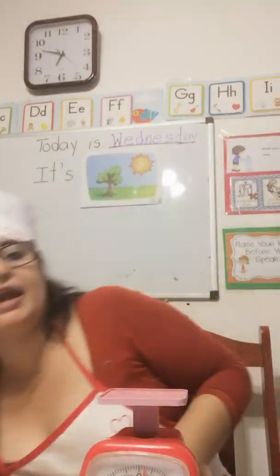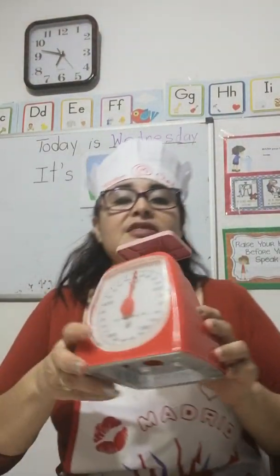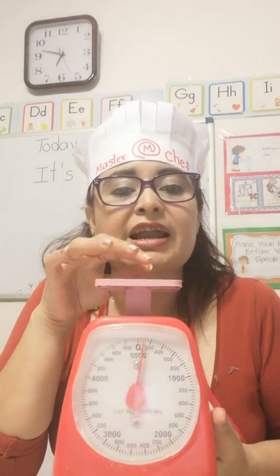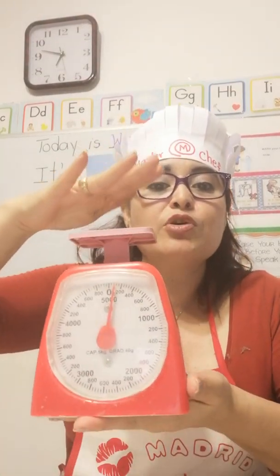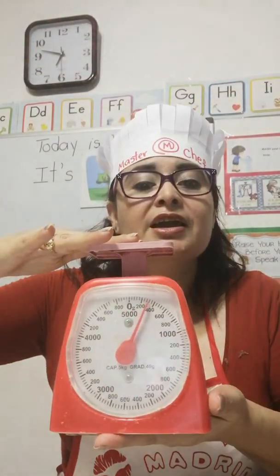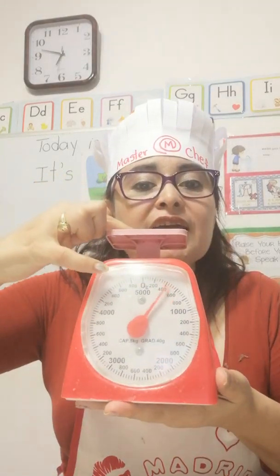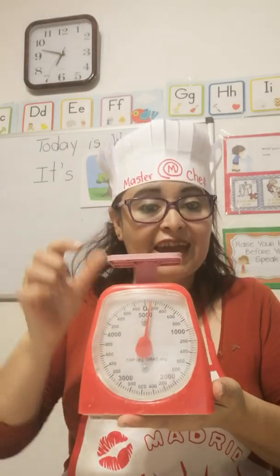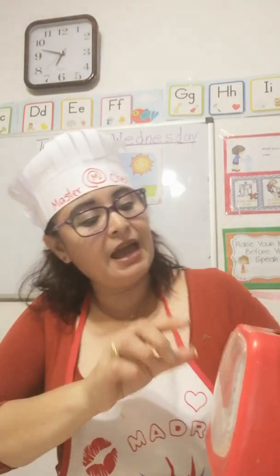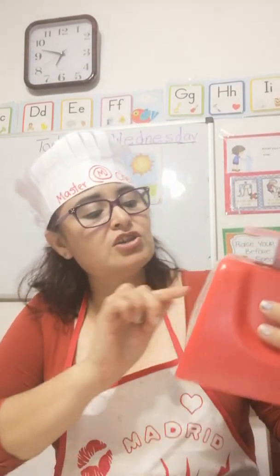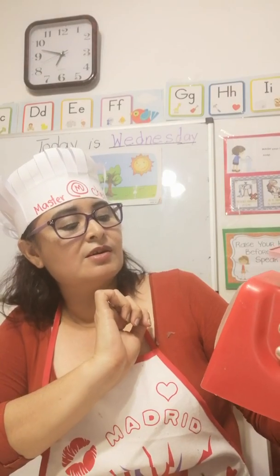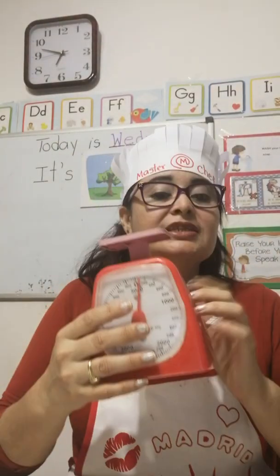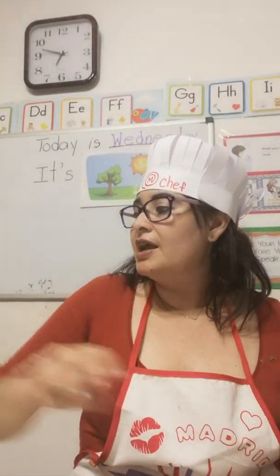If I want to measure things that I am going to prepare, that I am going to cook, I am going to place them here and it is going to indicate, look, and you see it is moving. It is going to indicate the amount of it. You can measure in ounces, okay? So this is a kitchen scale.